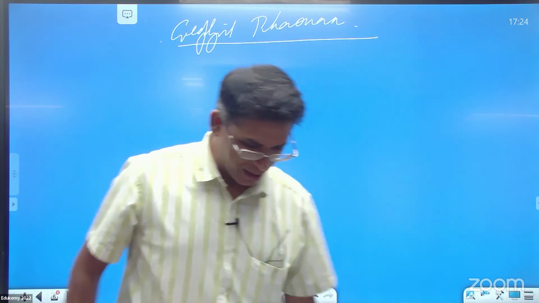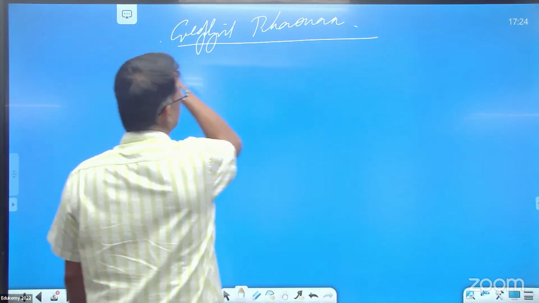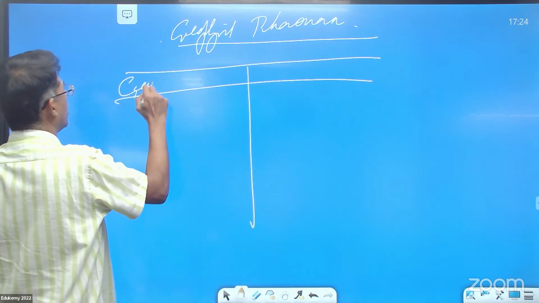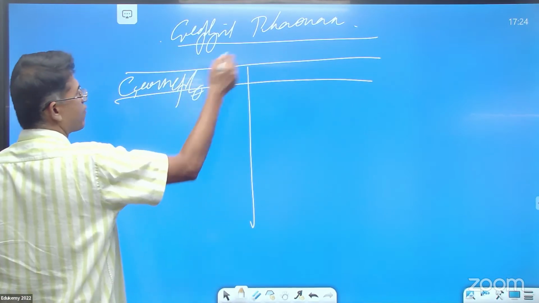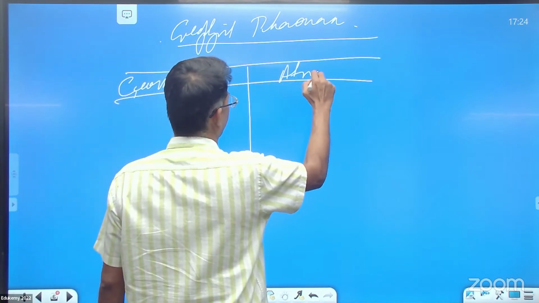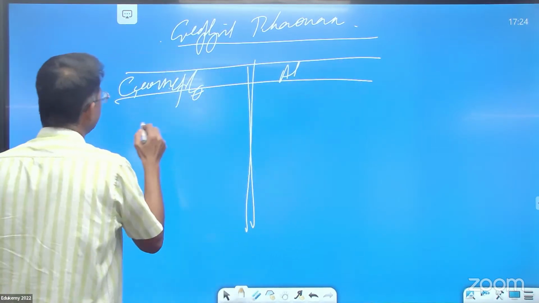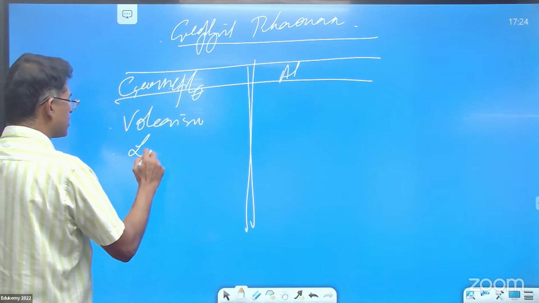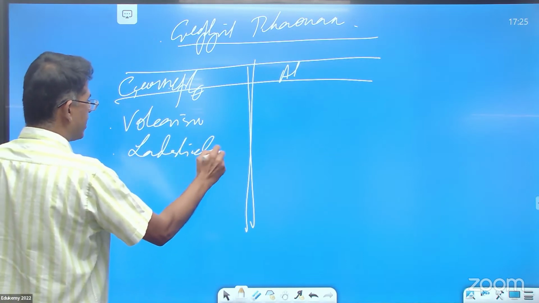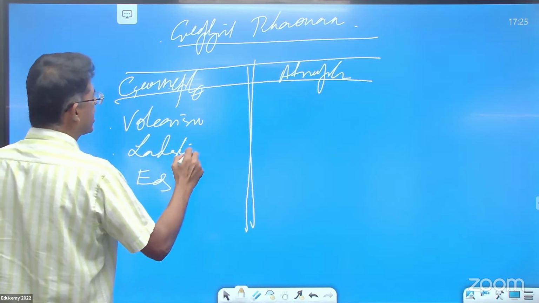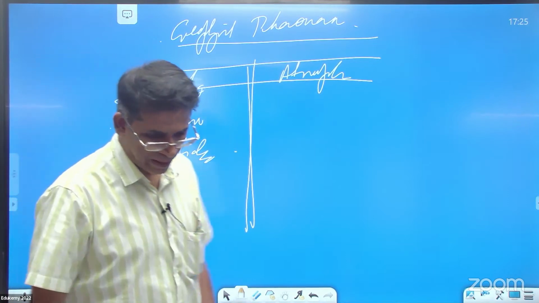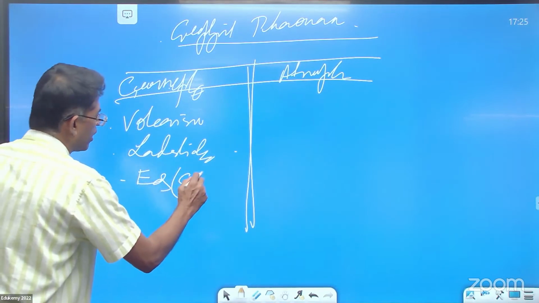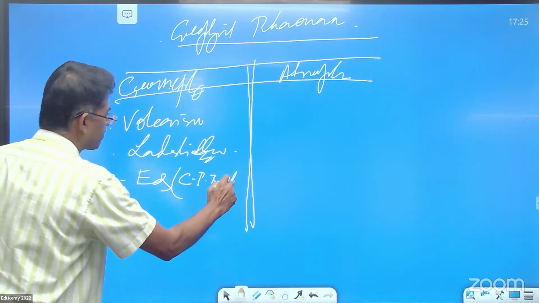Under geophysical phenomena, they have asked two categories: phenomena related to geomorphology and phenomena related to the atmosphere. Under geomorphology, they have asked volcanism, landslides, and a variant of earthquakes, the earthquakes of the circum-Pacific belt.